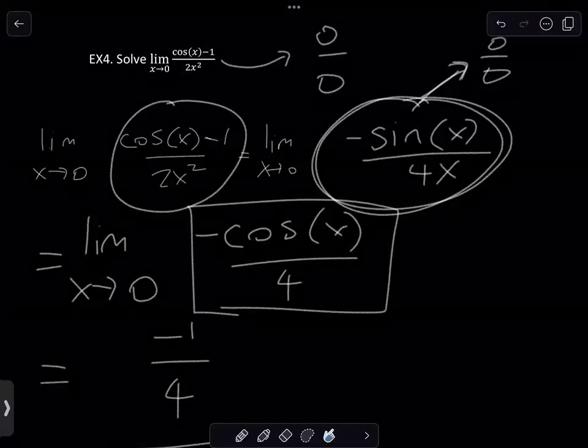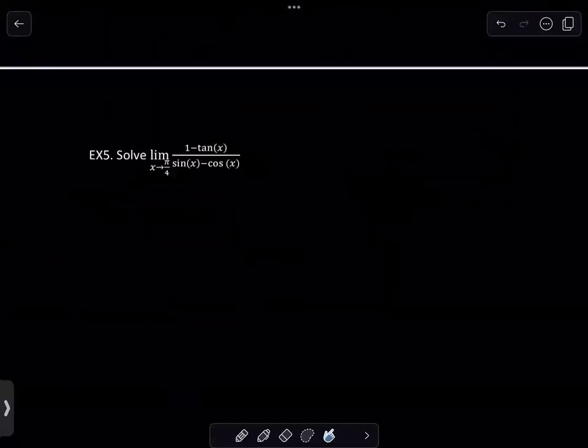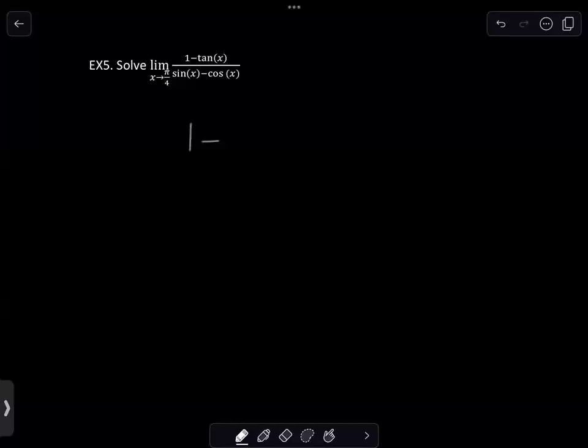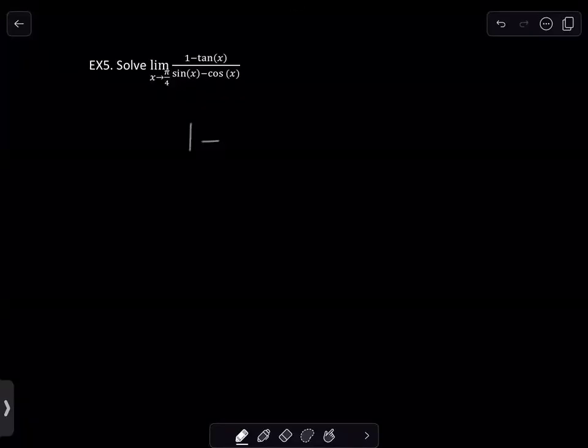Let's go on to the last example. Okay, so you know what to do. Take a minute, try this one, and then I'll go through the solution. Okay, so again, let's check for Bernoulli's rule. If I substitute pi/4 in place of x, I'm going to get 1 minus tangent of pi/4, that is going to be 1.